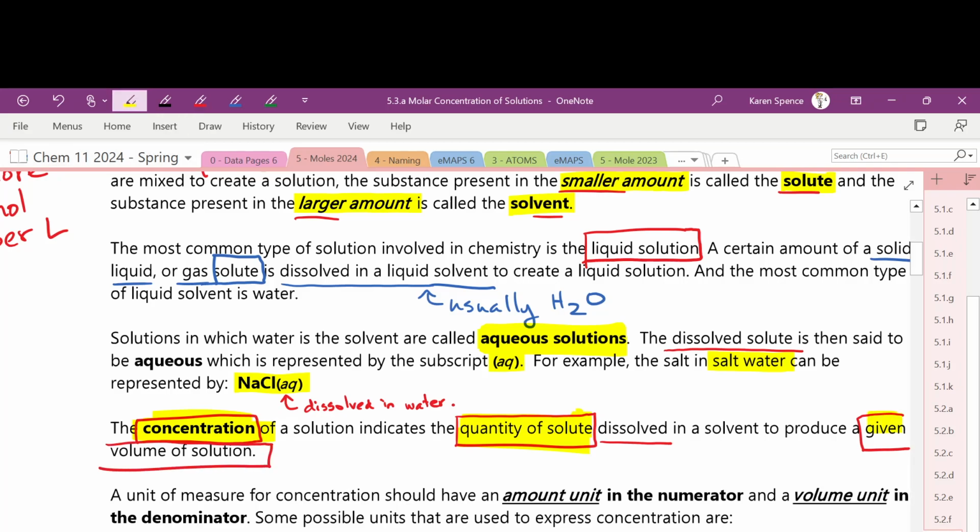So it's the amount of solute in the solution. So concentration equals the amount of solute per volume of solution. I should have left more room for that, shouldn't I?